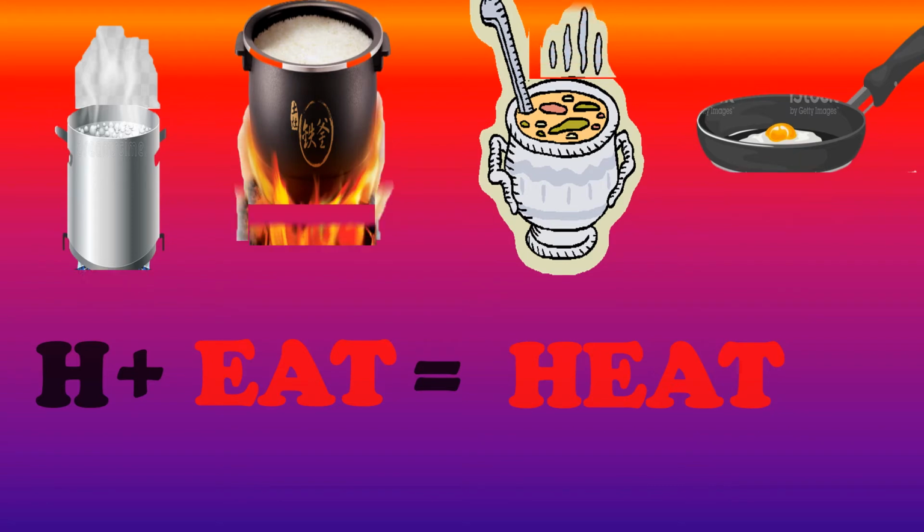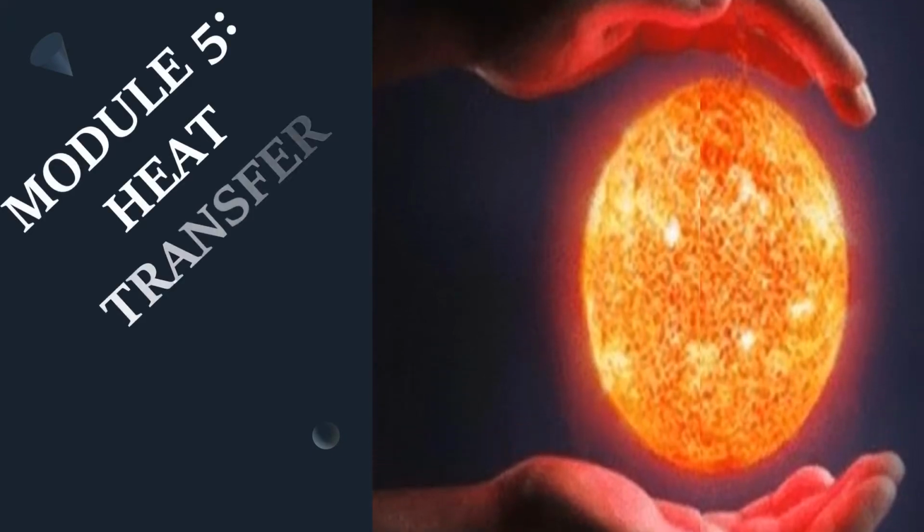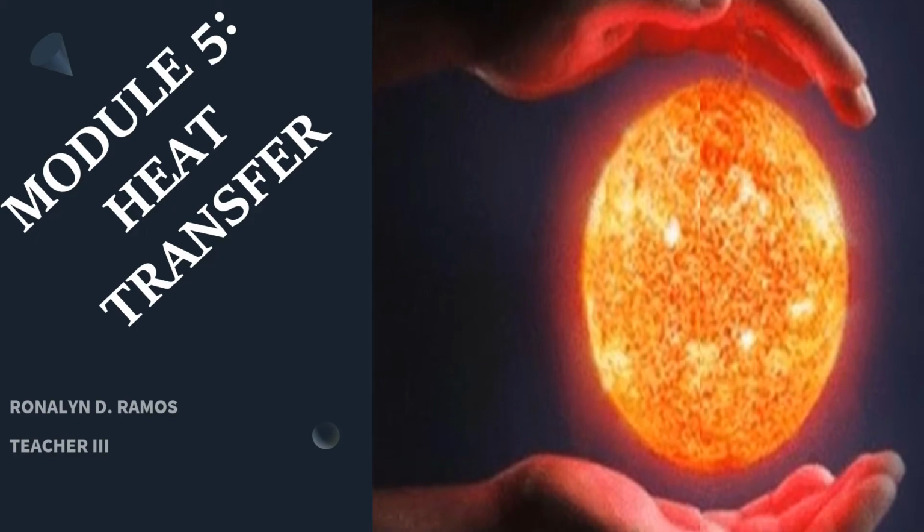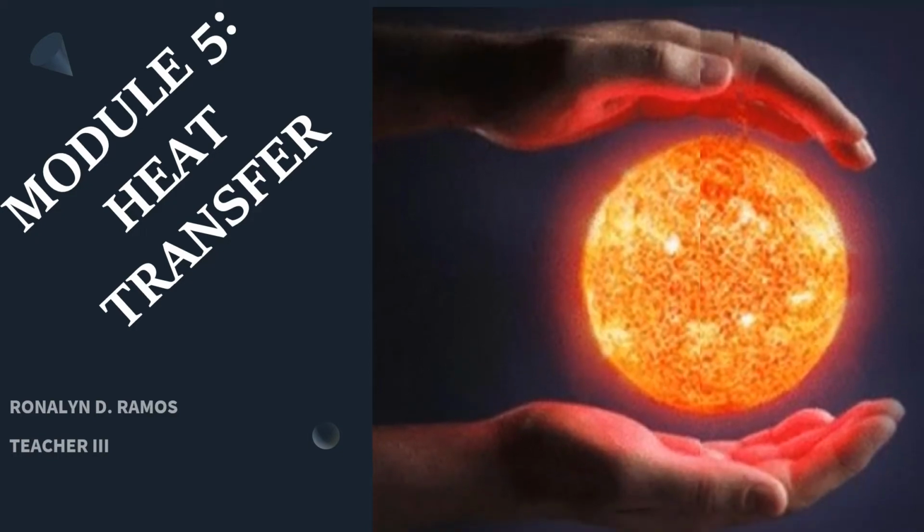Next time, we will study about heat, which is another form of energy that travels through moving particles or through radiation. We will determine the condition needed for the heat to transfer from one place to another and the direction by which it transfers. Our lesson for today is about heat transfer from Module 5 in Quarter 3.